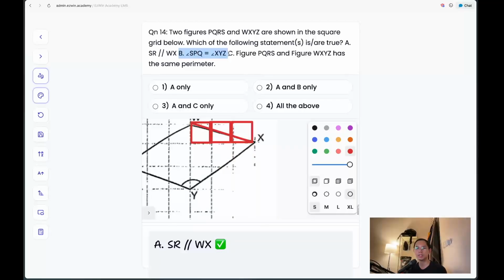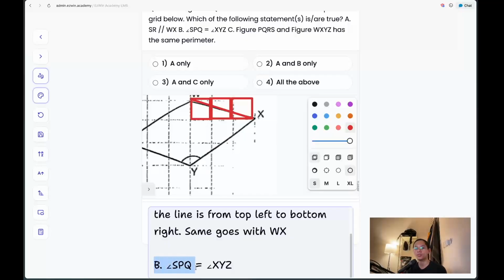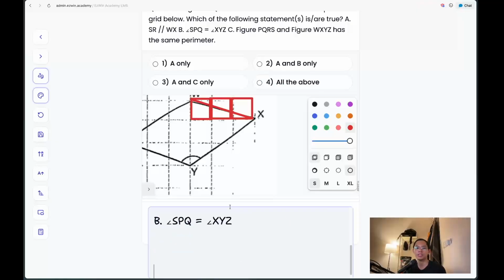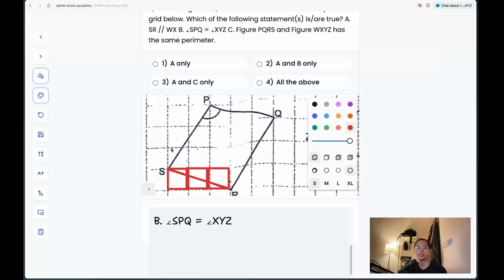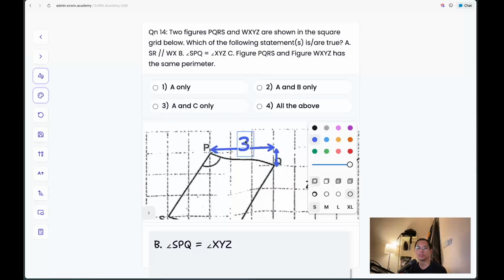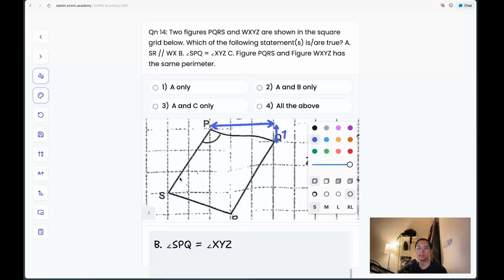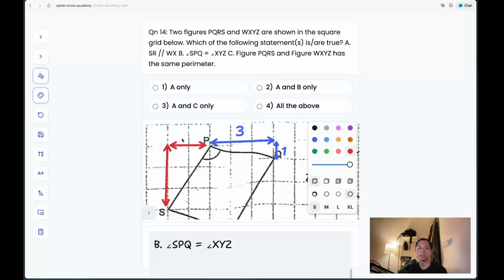Okay, let's go to the second one, B. It says here angle SPQ is equal to angle XYZ. So let's go to SPQ. PQ is 3 squares, and then you just draw another square, this time in blue. Or you can use arrows actually. So for this case, PQ is 3 to 1, and SP is 3.